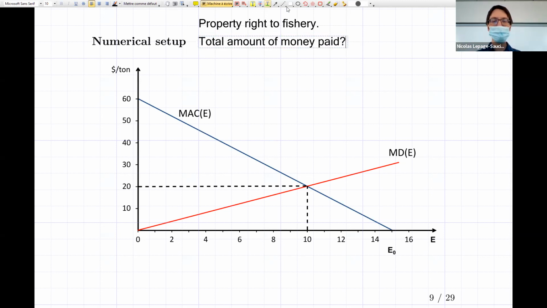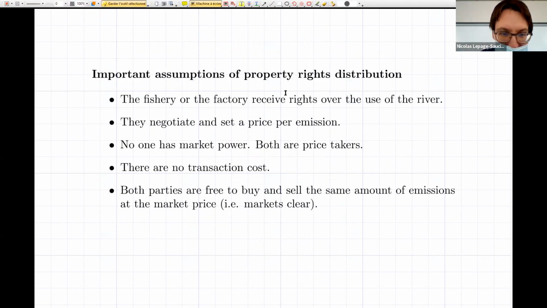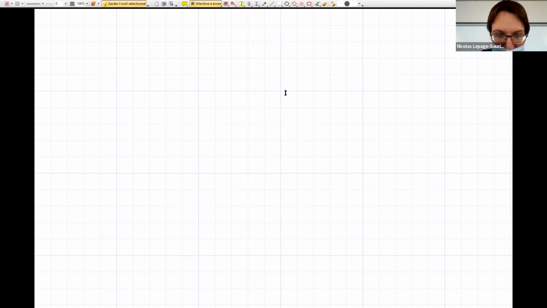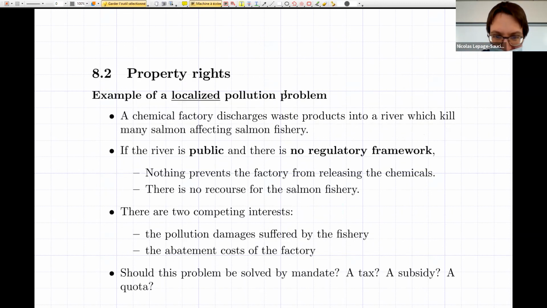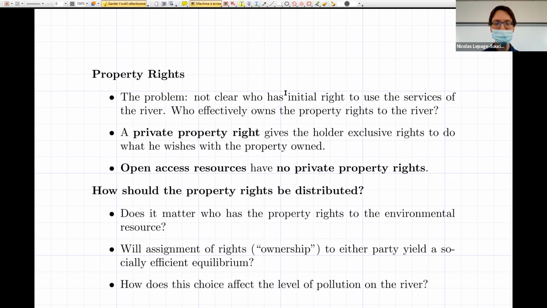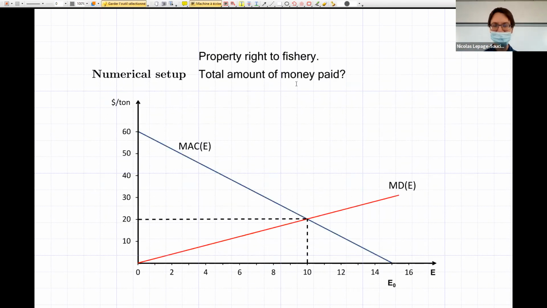The fishery has property rights, so some nasty polluter who we don't like. It's a factory of some kind. Yeah, a chemical factory. Yes, exactly.